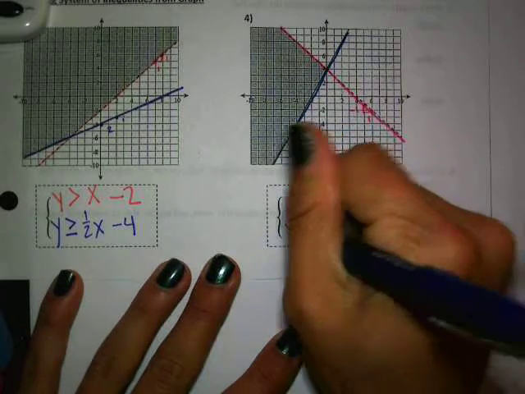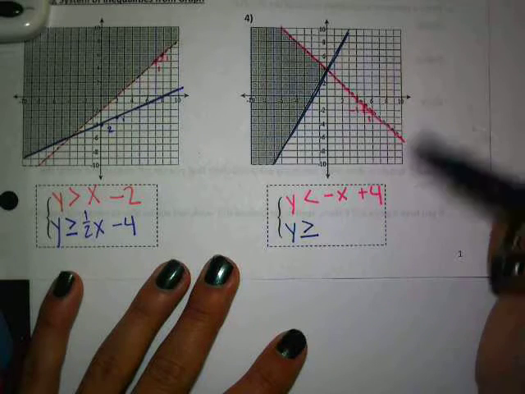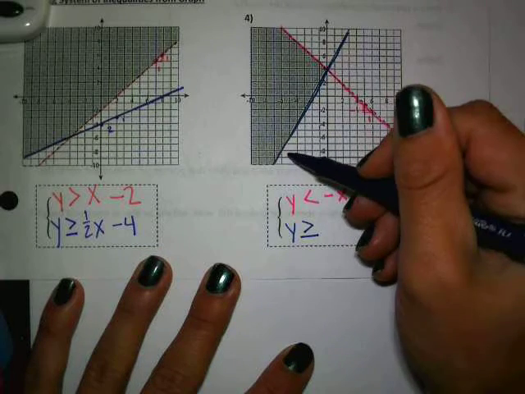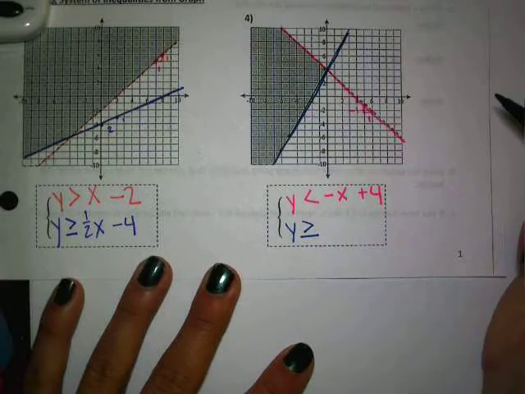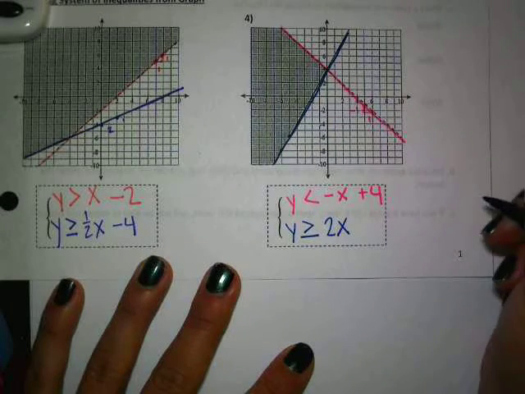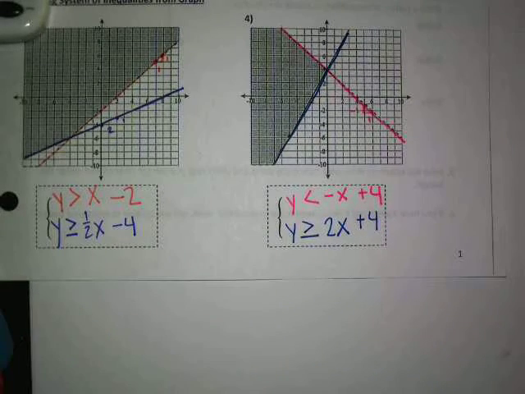Yes. Isabella, what's the slope of this one? Two. Yep, 2x. And then Brianna, what's the y-intercept? 4, so plus 4. Makes sense?